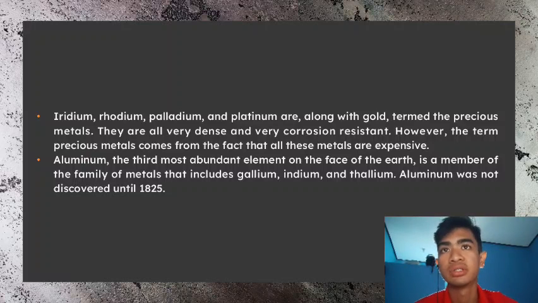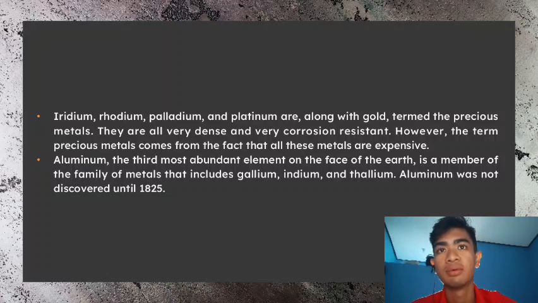Aluminum, the third most abundant element on the face of the earth, is a member of the family of metals that includes gallium, indium, and thallium. Aluminum was not discovered until 1825. Very pure aluminum, like copper, gold, and silver, is too soft to be of much value as a structural material.